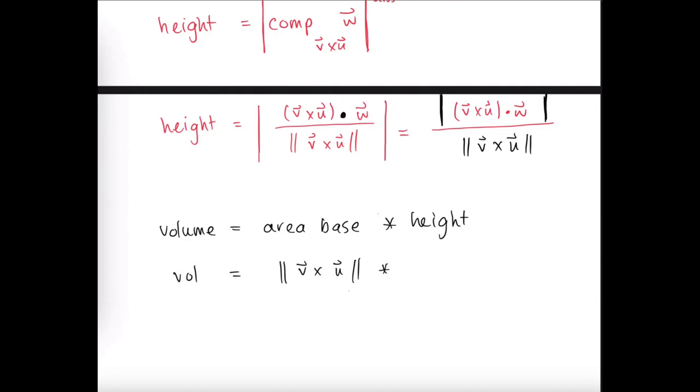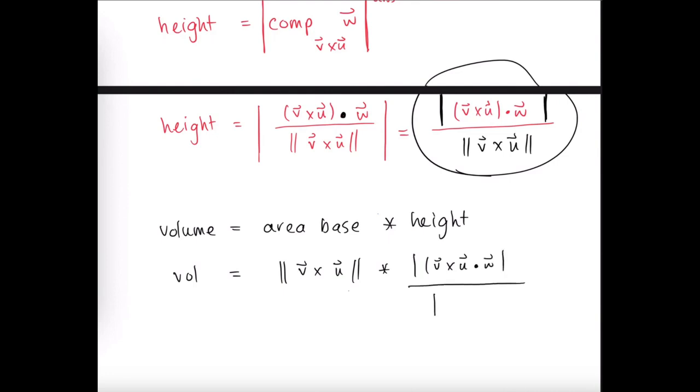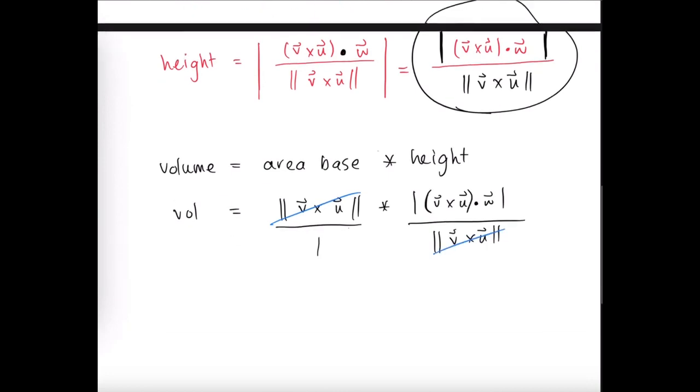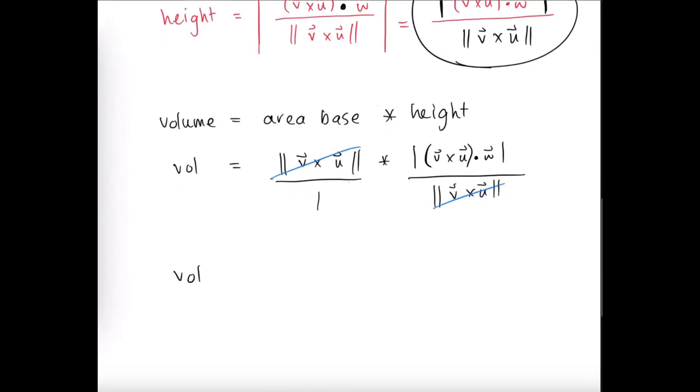And we just found out that the height, which was all this stuff here, is the absolute value of v cross u dot w over the magnitude of v cross u. Now let's notice that these magnitudes will cancel each other out, and what we're left with as the volume of the parallelepiped is the absolute value of v cross u dot w, and close that out.